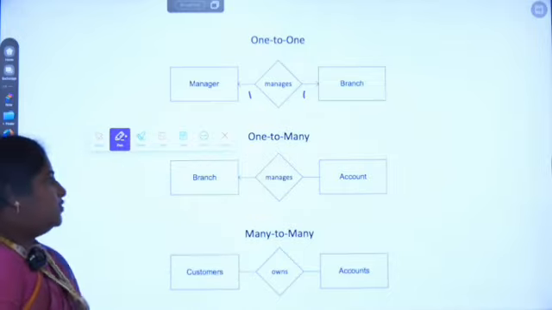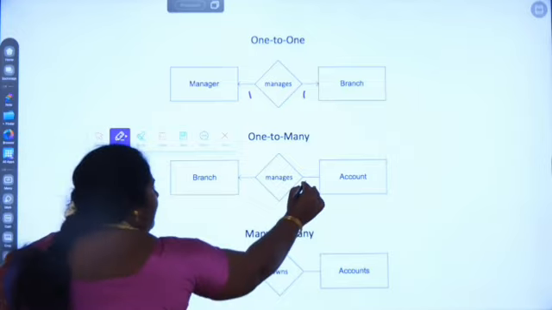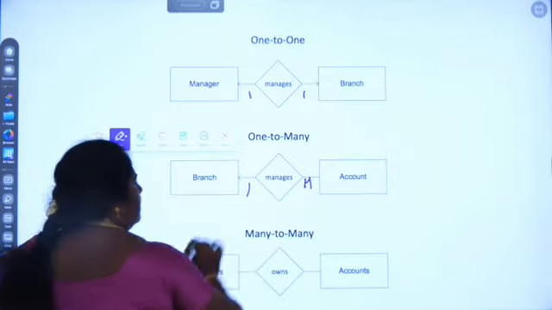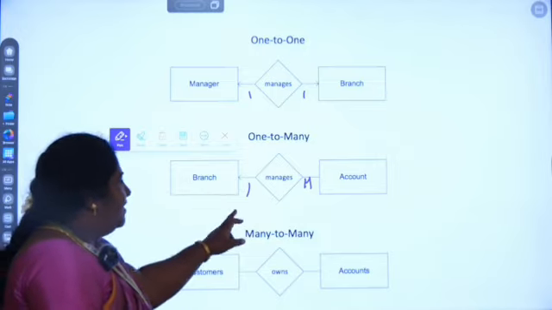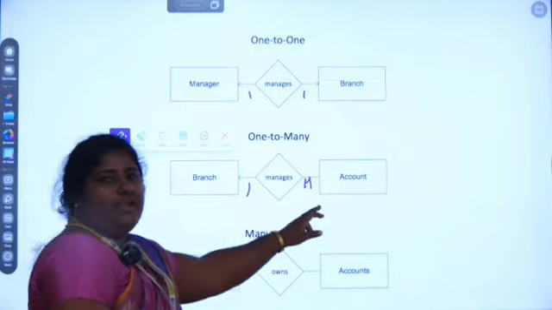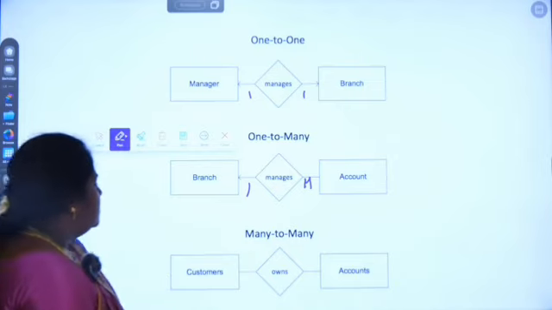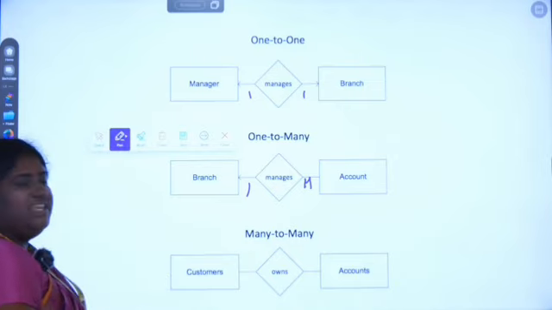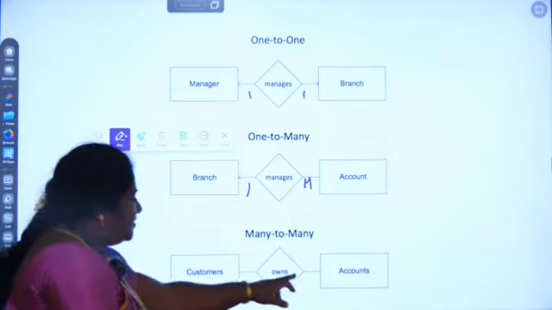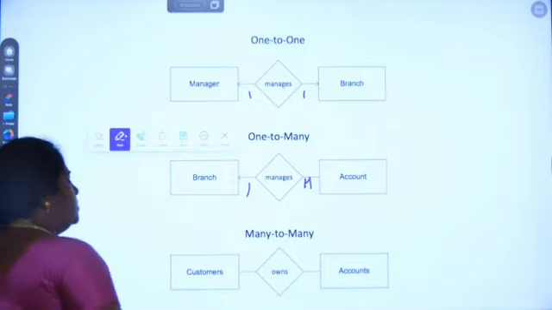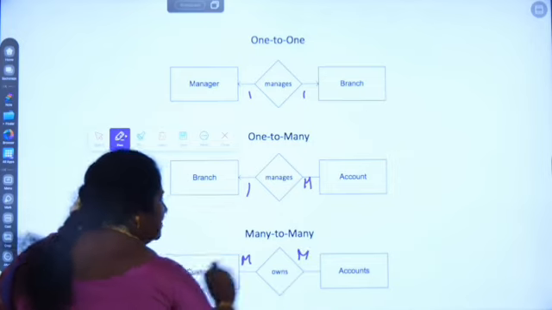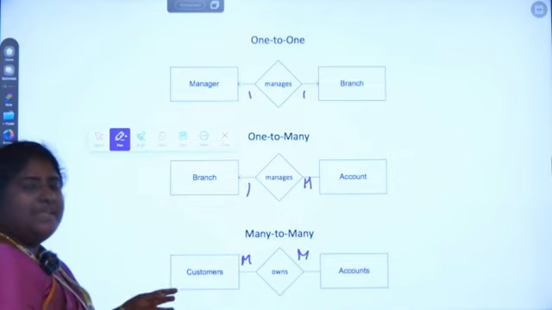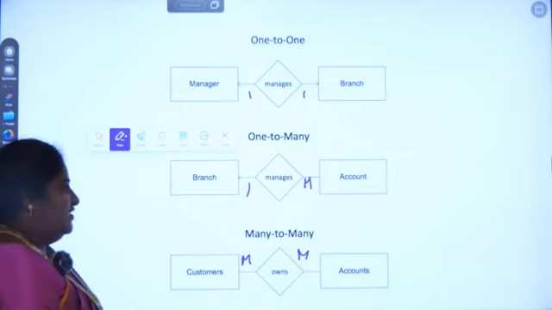Whenever there is no arrow mark, it is called a many relationship. Here the branch can manage many accounts. In the same way, a many to many relationship is not specified with any arrow marks. If anything is not specified with arrow marks, it is taken as a many to many relationship.